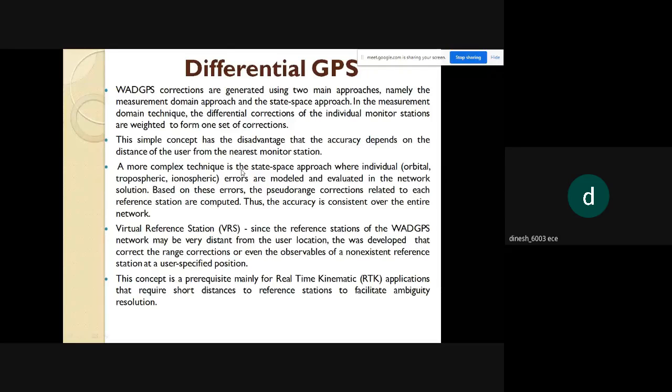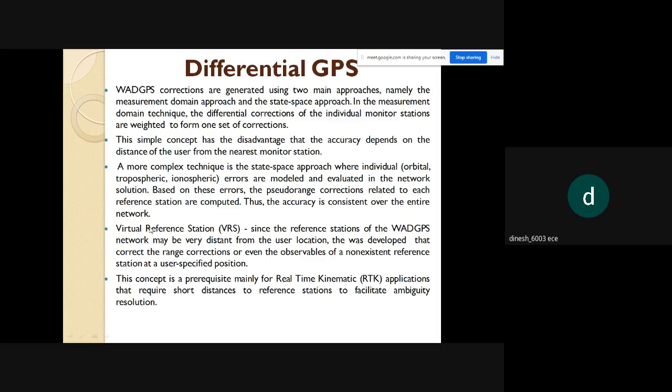The errors we get are correlated to each other with a reference station, so the accuracy is consistent over the entire network. This is how we do it in state space: determining orbital, tropospheric and ionospheric errors and evaluating them in a specific network solution.